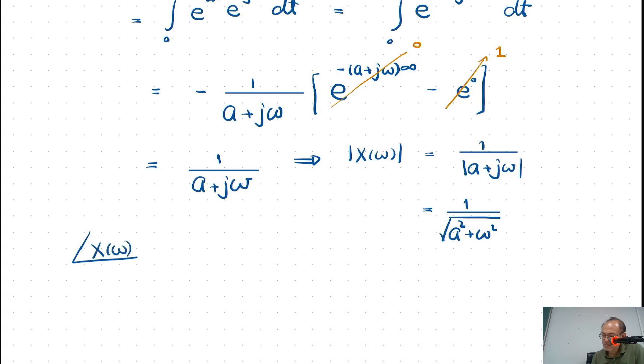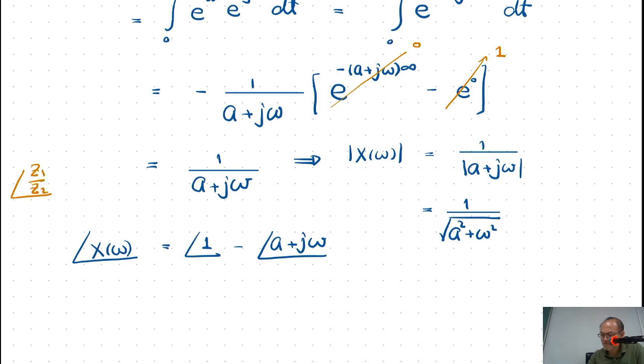The phase of this spectrum would be the phase of 0 minus the phase of 1, minus the phase of a plus j omega, right? Because we know that the argument of divisions... I'm not sure if you remember this.